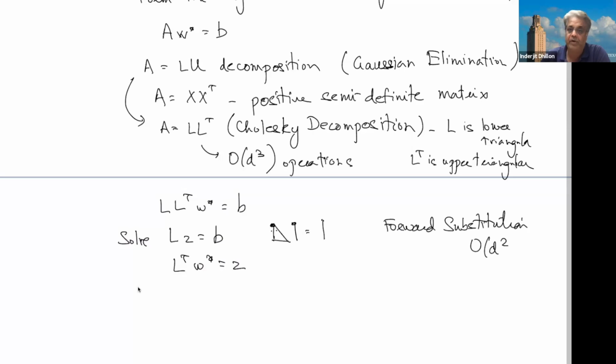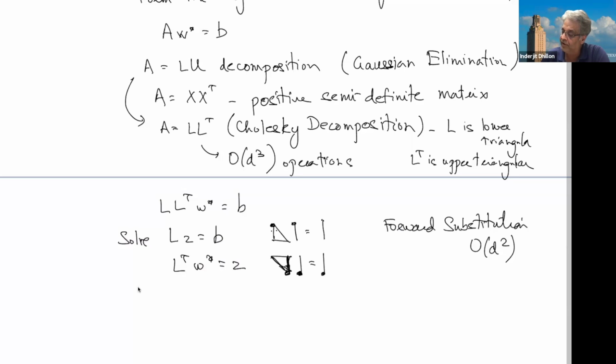Okay, and this is actually not too expensive. It's only order d square. You can convince yourself, right? Because you're basically just making one pass through this matrix. And then when I come over here, L transpose is an upper triangular matrix. And I can use the last equation to get W star d.